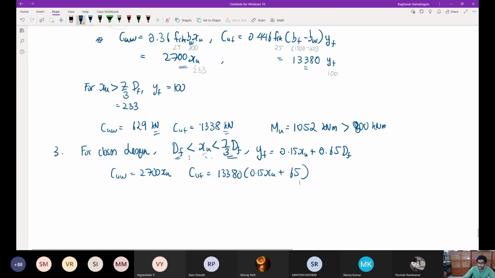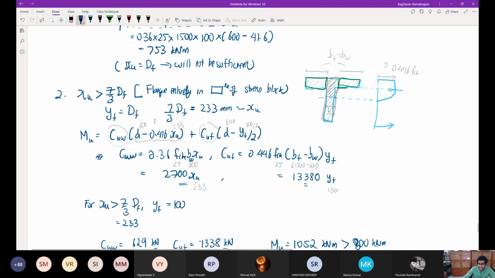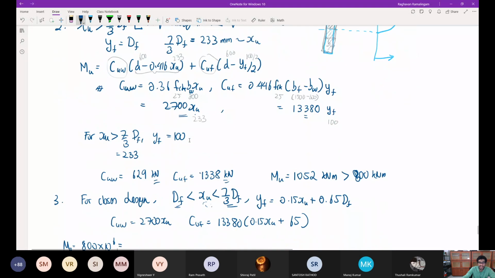So in this case, you say that I want close to 800, so you will fix the moment as 800 and try to find out what XU is based on the equation. Your MU, which is 800 into 10 power 6, should be equal to that given by this equation, except everything is retained in terms of XU.